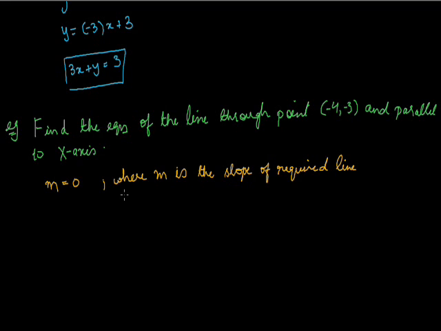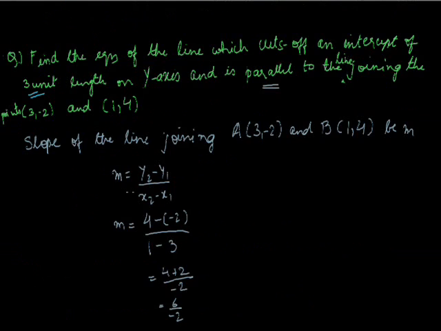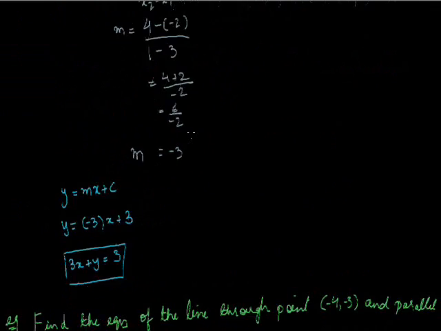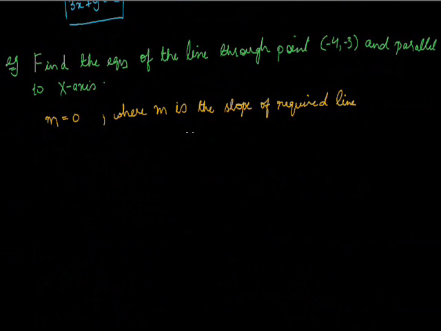So I know that I have one more form to represent the line, and the form is point slope form, where I am provided with the value of slope m and the point through which the line passes. I'll make use of the point slope form over here, and the point through which our line passes, let's say, is (x1, y1). Then (x1, y1) is equal to (-4, -3) as provided in our question.